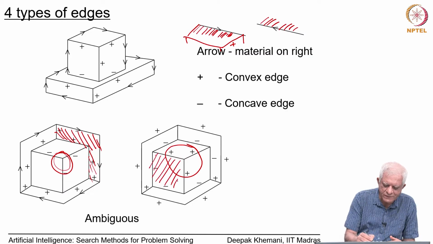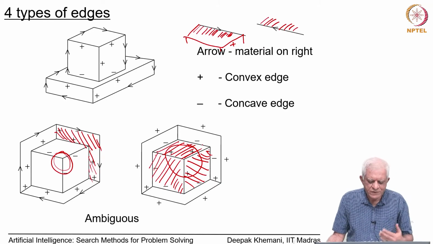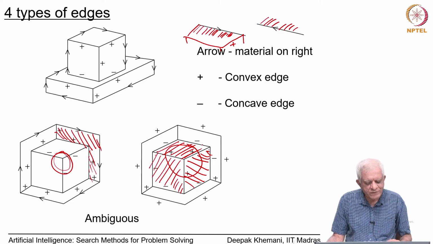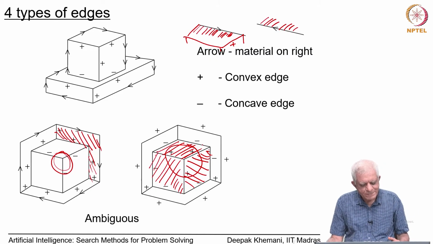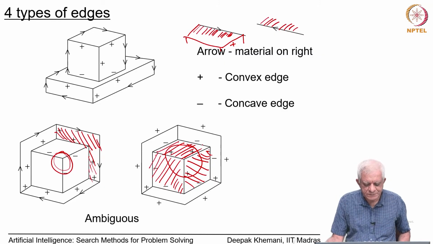So, this is one face of a cube, this is another face of a cube, and this is the top face of a cube, and you can imagine this cube is in the corner of a room. So, it is against a wall and you can't distinguish whether it is one object or 2 objects. So, you have a negative edge there essentially. So, you could have ambiguity even for labeling these things.